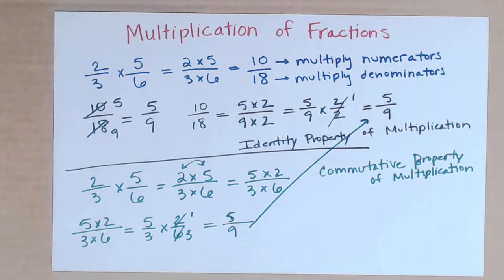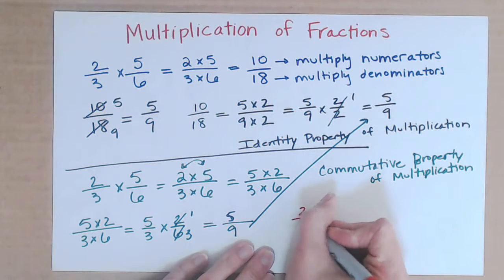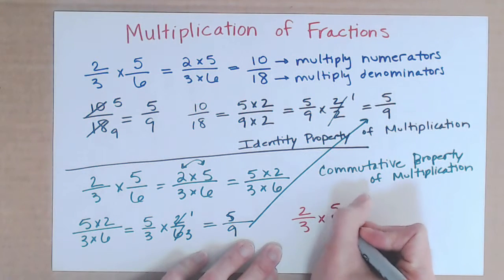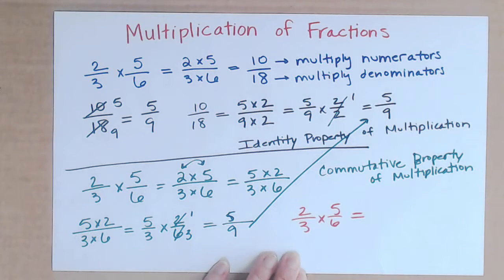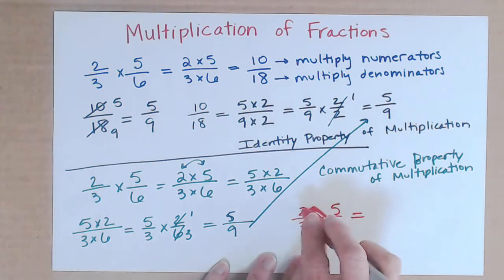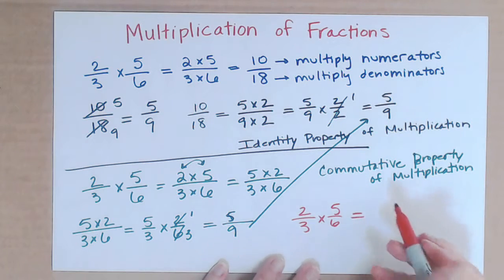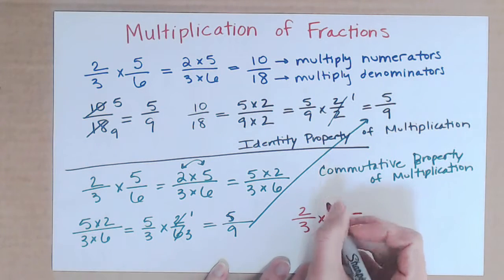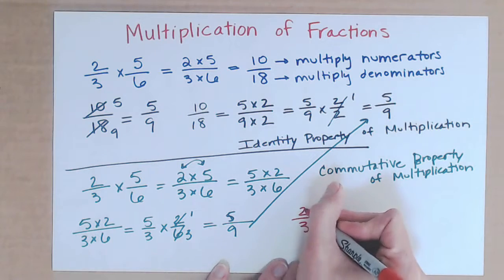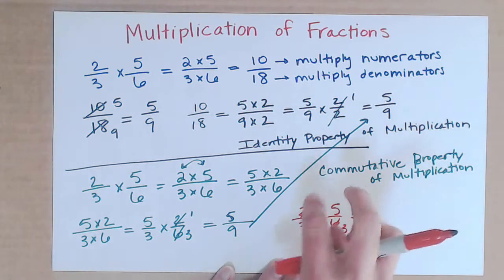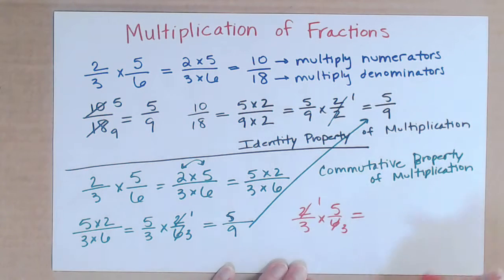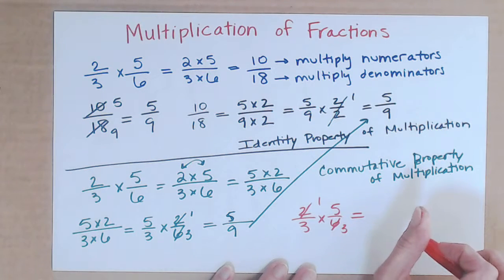So now we can even skip a step here. I'll go over here. 2/3 times 5/6. So I don't need to rewrite this, switching the 5 and the 2. I can think in my head that 2 over 6 is just 1 over 3. It's 1/3. And I know in my head that order doesn't matter here of how I multiply.